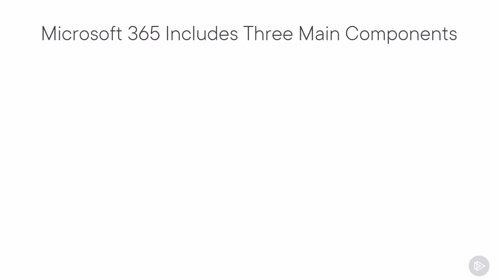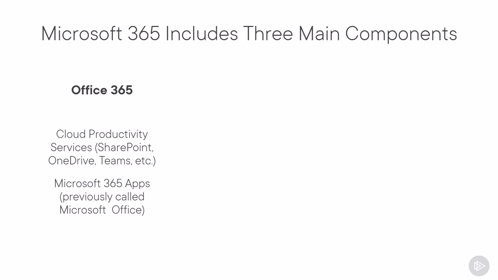Okay, so now let's break down Microsoft 365 from a licensing and services point of view. Microsoft 365 is made of three main components. First of all, Office 365, which contains all of your cloud productivity services, as well as Microsoft 365 apps, which remember used to be called Microsoft Office.